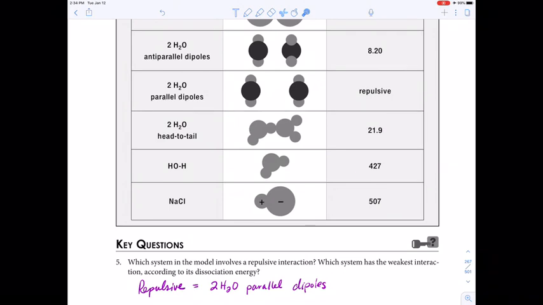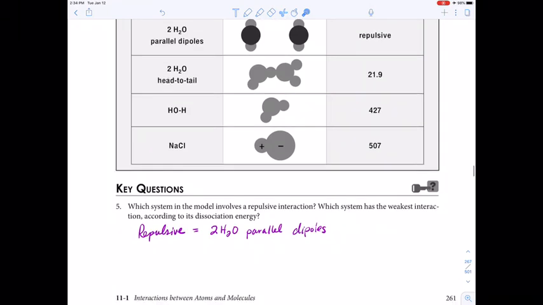So that's why, the positive parts are put together, the negative parts are put together, so they're going to push away. The anti-parallel are not that way. The positive parts of the water are in the back side on this one, and over here they're in the front. So we don't have that perfectly lined up repulsion.